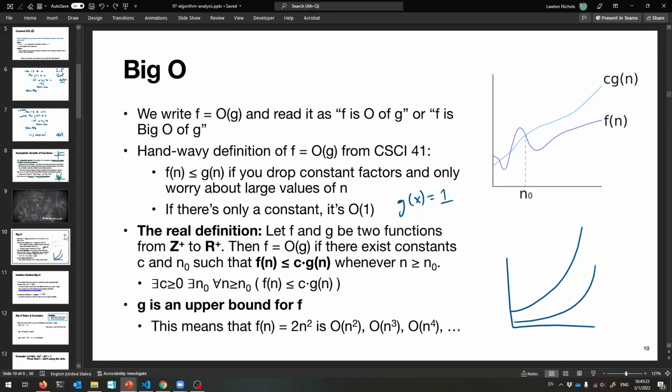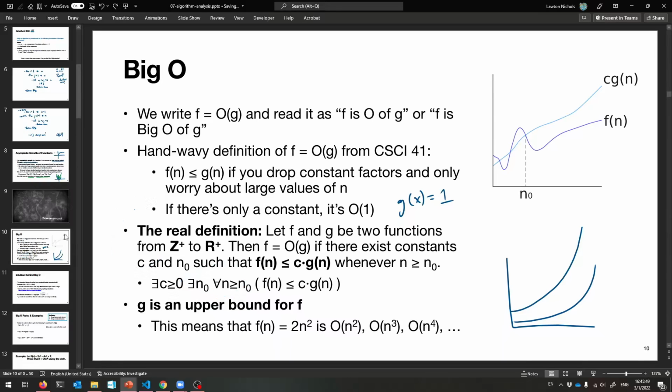Then f is big O of g if there exist constants c and n naught such that f of n is less than c times g of n. So for the same input, g wins out when being multiplied by c whenever n is greater than that n naught, okay? So before we get to the math, let me translate this to a diagram.